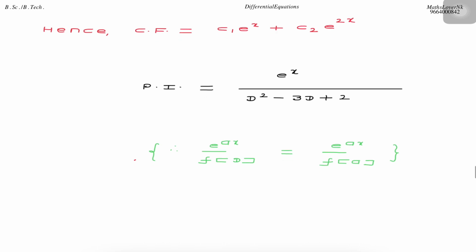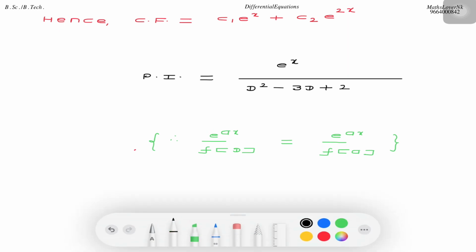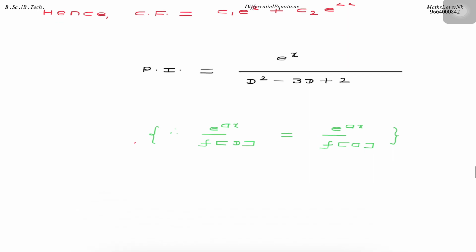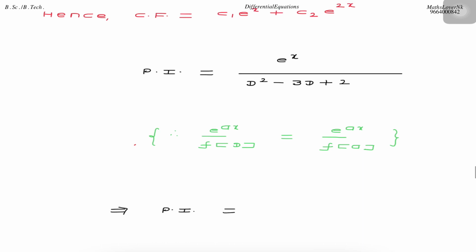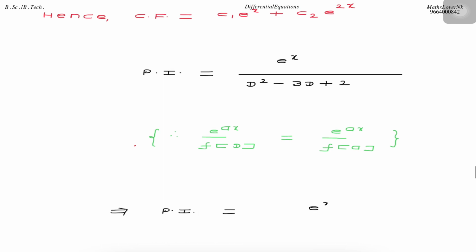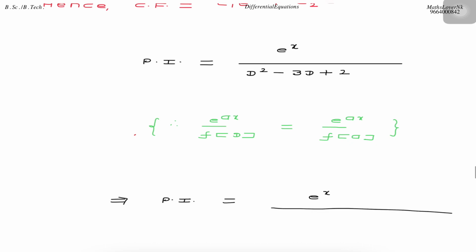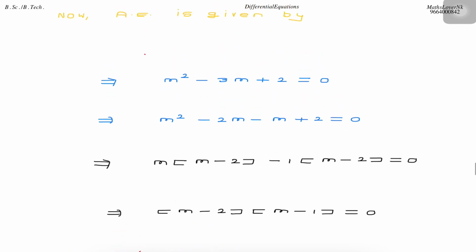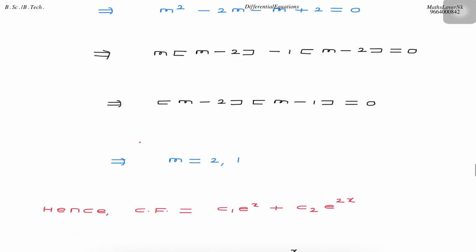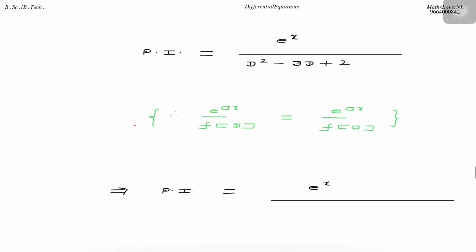Then PI is equal to e the power x upon D square minus 3D plus 2, whose factors are (D minus 2) and (D minus 1).